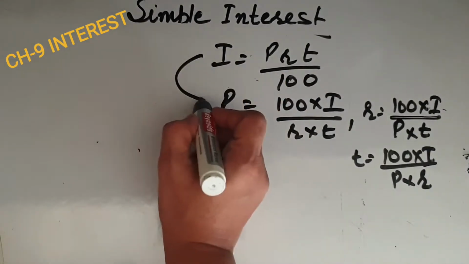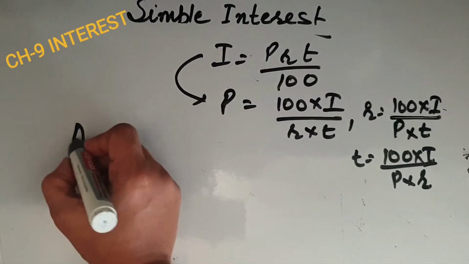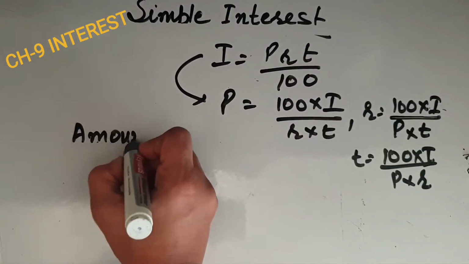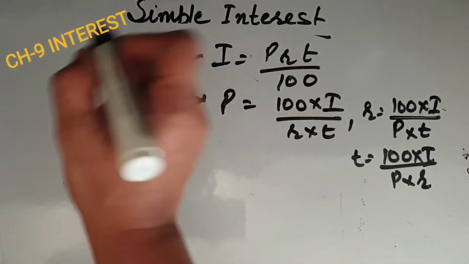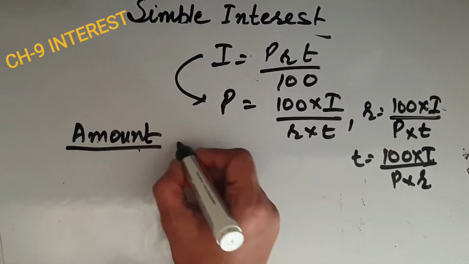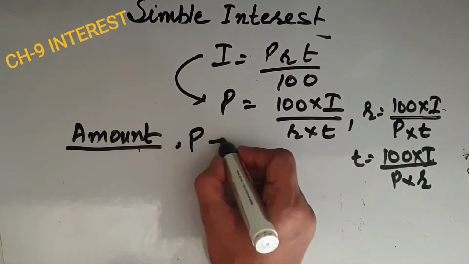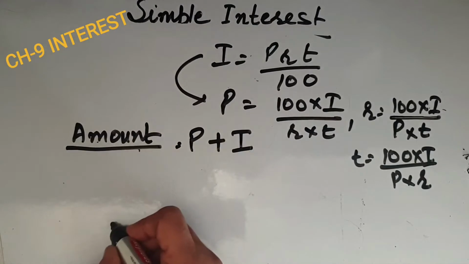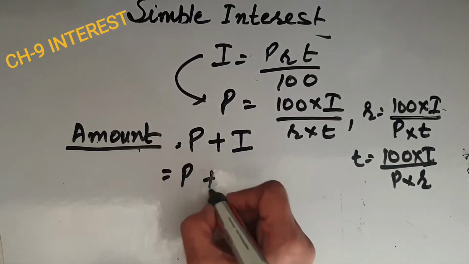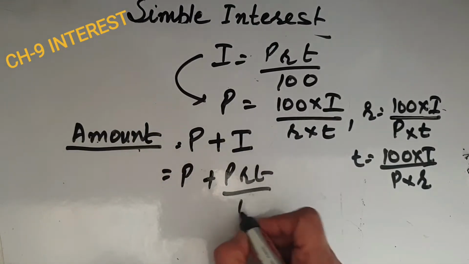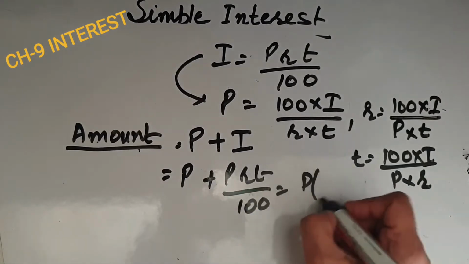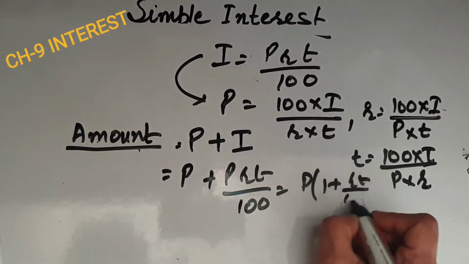These are the forms of this formula. Now what is the amount? We will be using another word called amount. Amount is the money returned after using. So you will return the principal money plus interest, or this can be written as P plus PRT upon 100, or P into 1 plus RT upon 100.